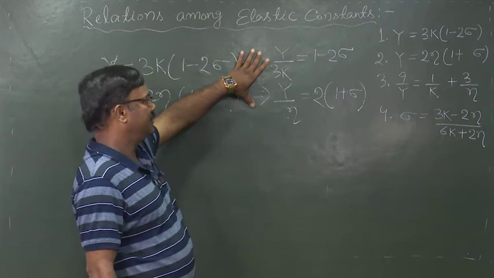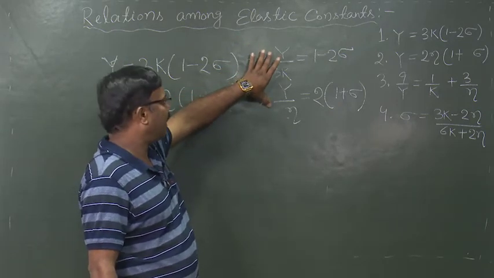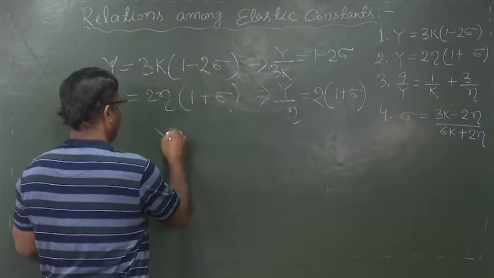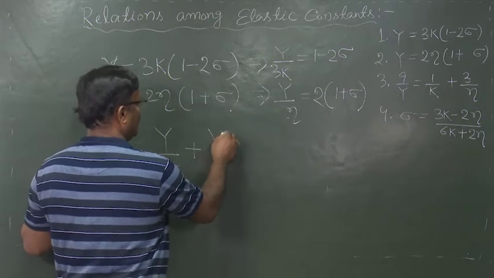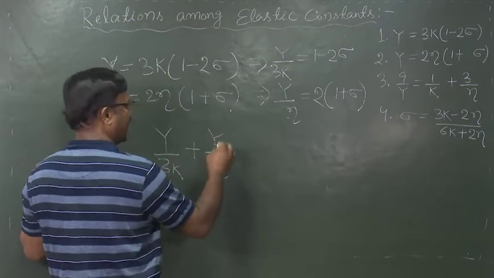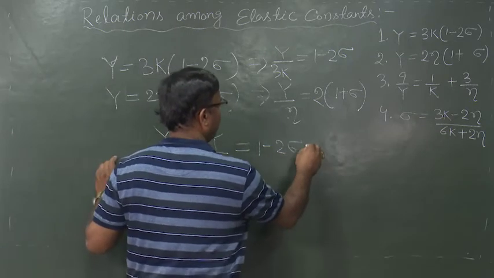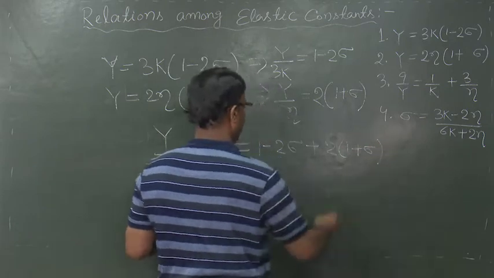Now adding these two relations, we can write Y by 3K plus Y by eta equal to (1 minus 2 sigma) plus 2 into (1 plus sigma).